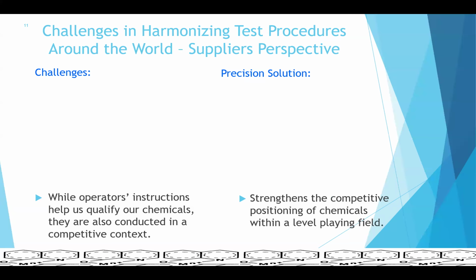Then price becomes the criteria. Hence, the precision statement will provide a level playing field for the chemical suppliers. Again, in webinar number 1, we gave a very clear table comparing how the precision statement helps us to narrow down chemicals in terms of cost.